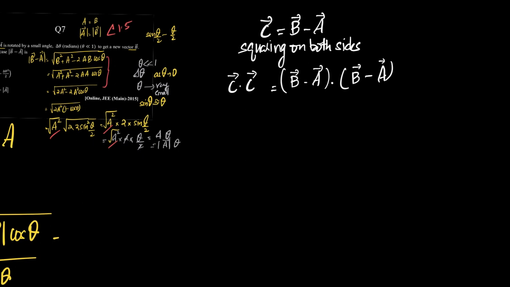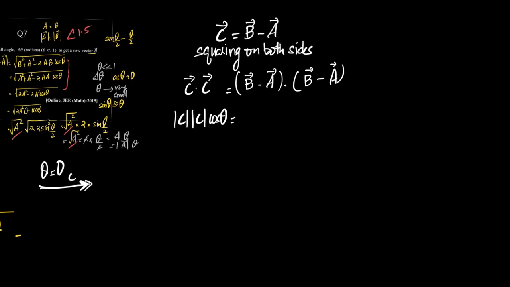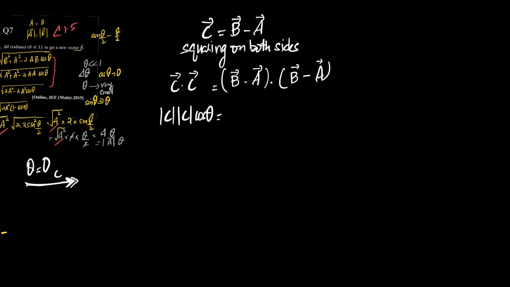So what is vector c dot vector c? We know that this is equal to modulus of c into modulus of c into cos theta, which is cos 0. Why? Because the angle between vector c and vector c is theta, which is equal to 0. Now let us be more careful while we expand this.